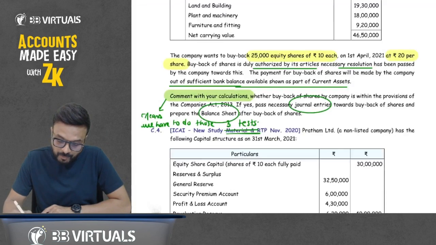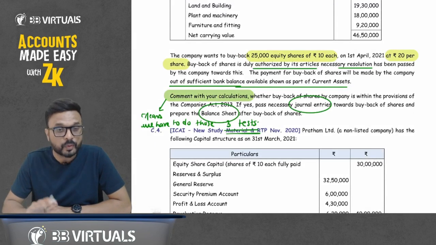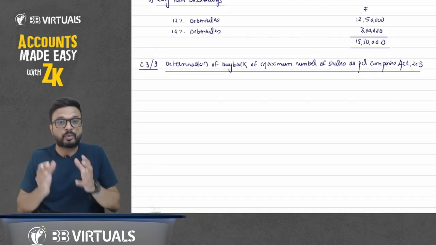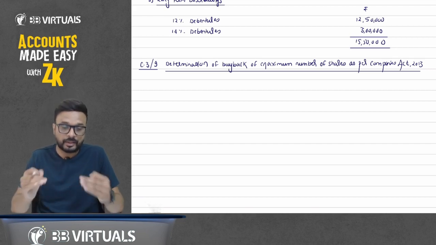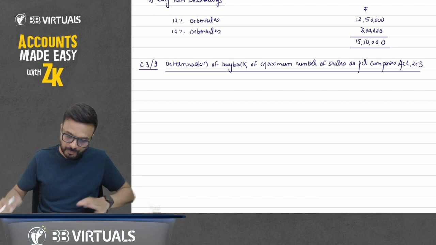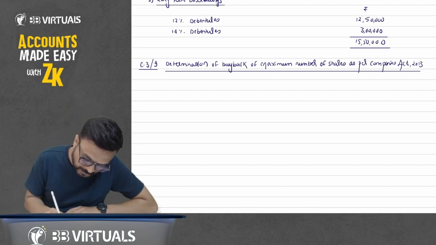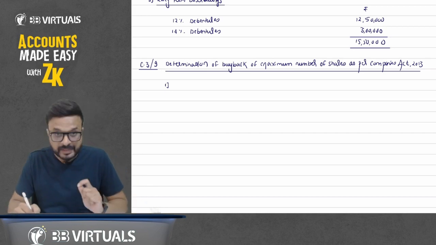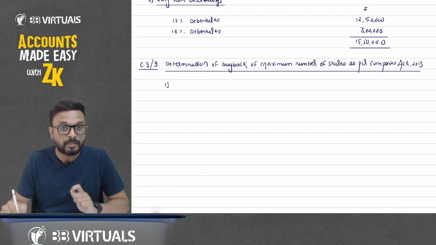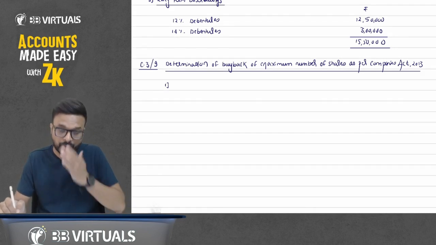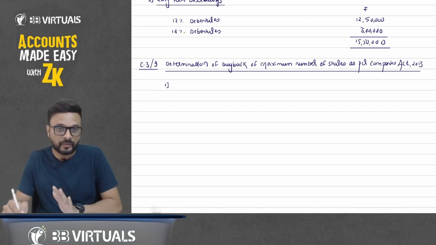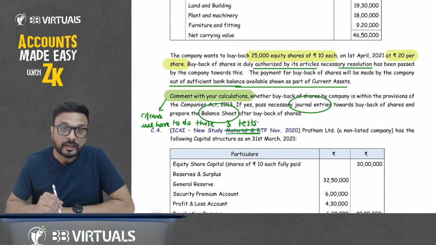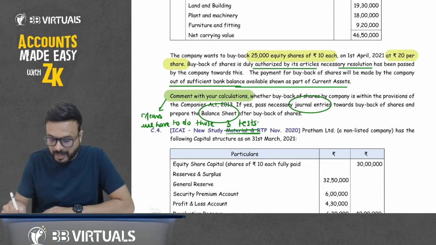They want to do a buyback of 25,000 shares, but there are some conditions. As per those conditions, we have to calculate the maximum number of shares they can buy back. The question says to comment with your calculation whether the buyback of shares is within the provision.